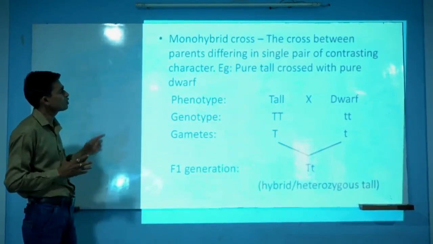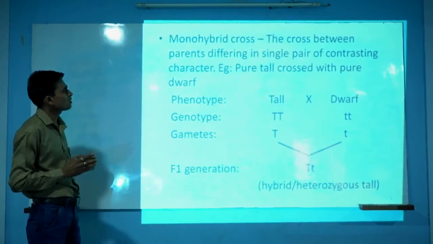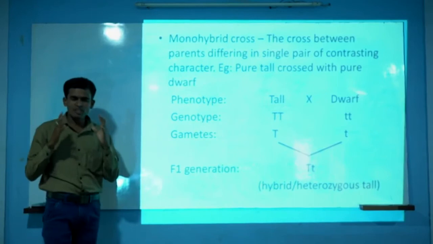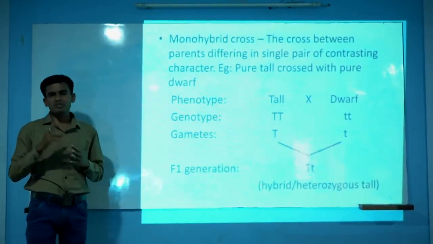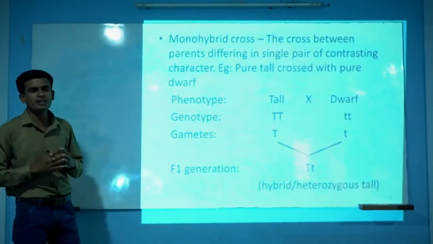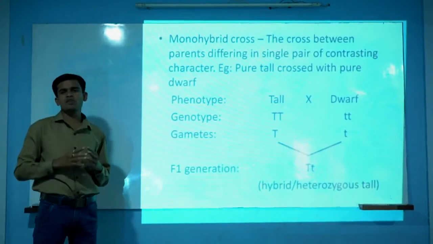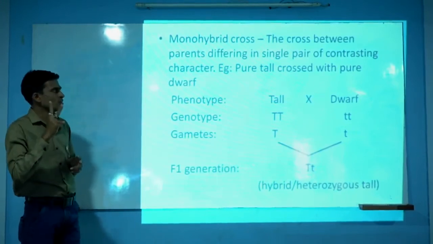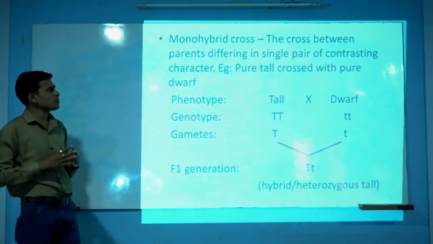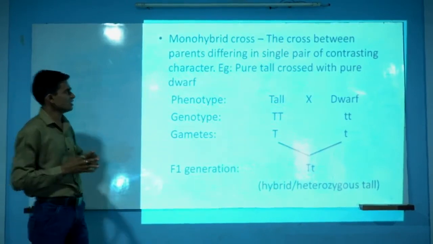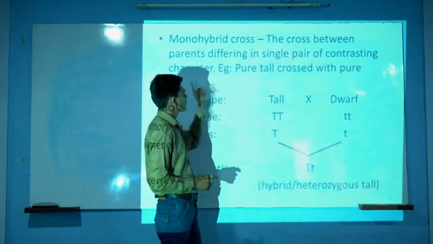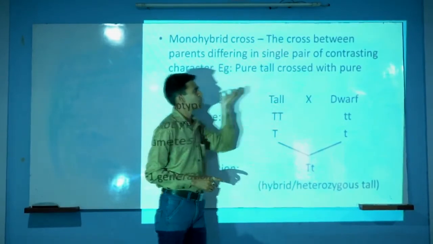For example, pure tall crossed with pure dwarf. So here the cross is between parents differing in a single pair of contrasting characteristics, that is tall and dwarf plants, pure tall and pure dwarf.